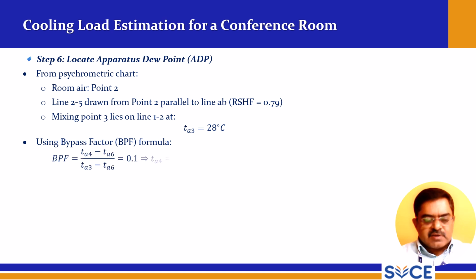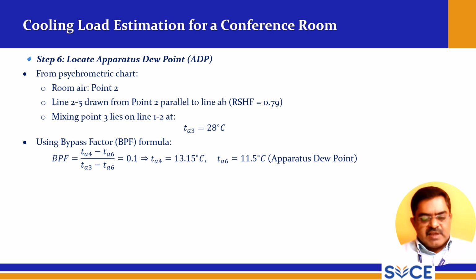Using the bypass factor formula, TA4 minus TA6 divided by TA3 minus TA6, we have unknown TA4, which equals 13.15. We know BPF is also given, so TA6 is 11.5 degrees Celsius, so that is ADP, apparatus dew point.